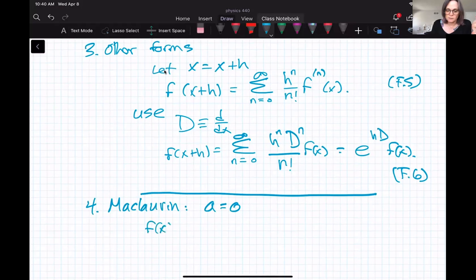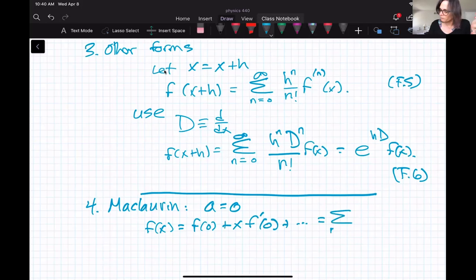So f of x is equal to f of 0 plus x f prime of 0, and so on, which equals the sum from n equals 0 to infinity of x to the n over n factorial times the nth derivative of f evaluated at 0. This is just another way of writing expressions for small values of x. Whenever we talk about the small angle formula and things like that, that comes from our Maclaurin expansion.